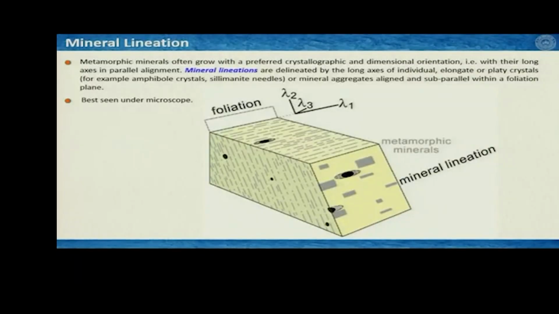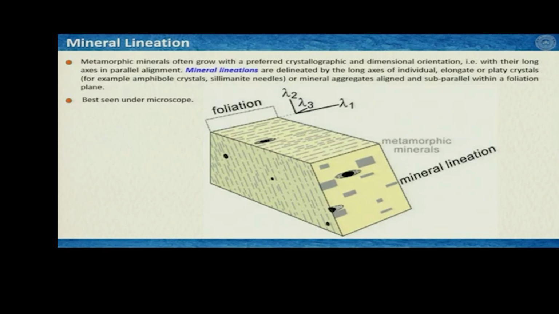So, they are metamorphic minerals and they often grow with a preferred crystallographic and dimensional orientation, that is with their long axis in parallel alignment. So, mineral lineations are delineated by long axis of individual elongate or platy crystals, for example, amphibole crystals, ilmenite minerals and so on, or mineral aggregates aligned and subparallel with the foliation plane.